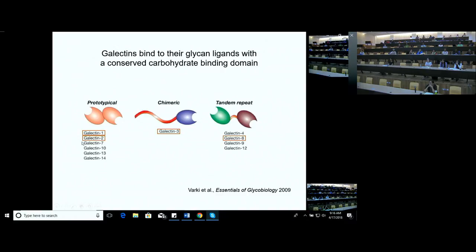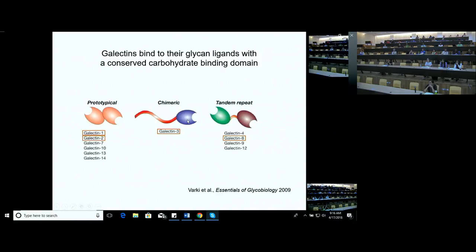And the ones that are in boxes are bird galectins, chicken galectins. There's galectin 1, galectin 2, galectin 3, and galectin 8. And they have different arrangements. This is 2 different proteins that are attached to each other.